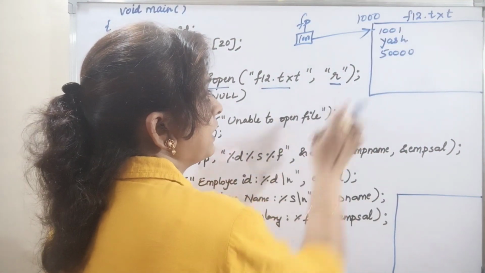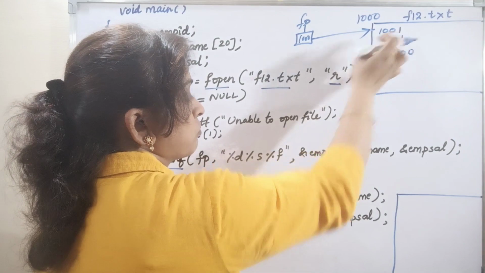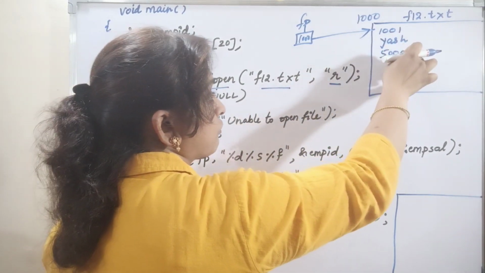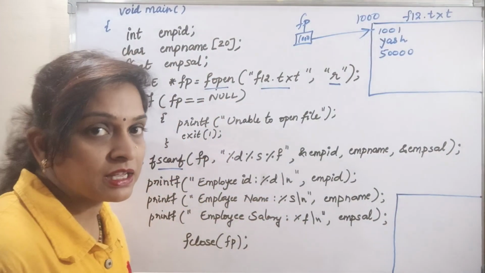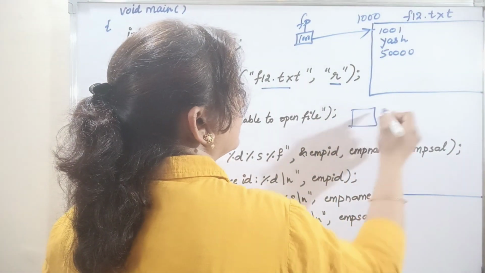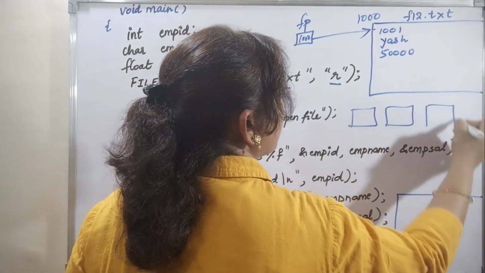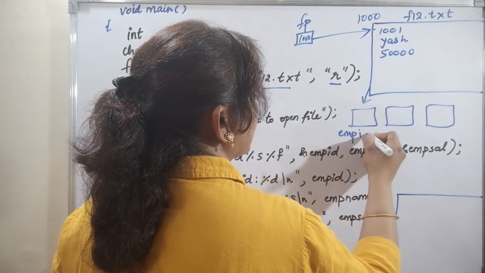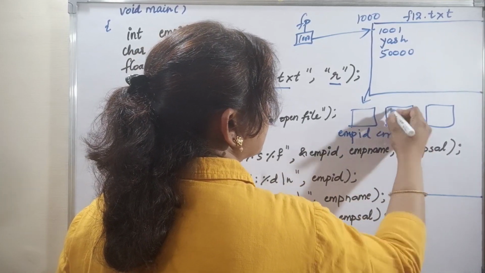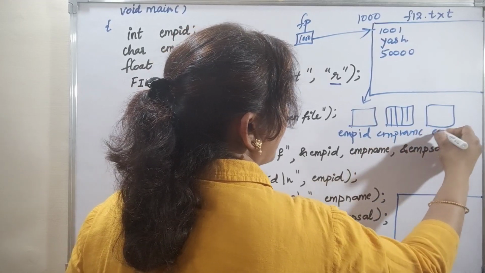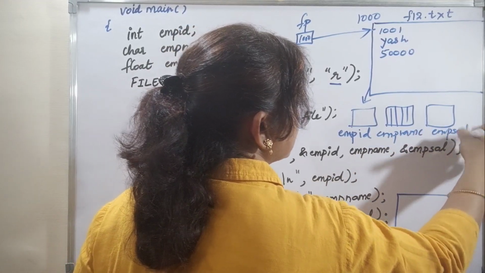So employee ID 1001 will be stored in emp id, Yash will be stored in emp name, and 50,000 will be stored in emp salary. So the values that I have scanned from the file will be stored in the respective variable names, emp id, emp name and emp salary.